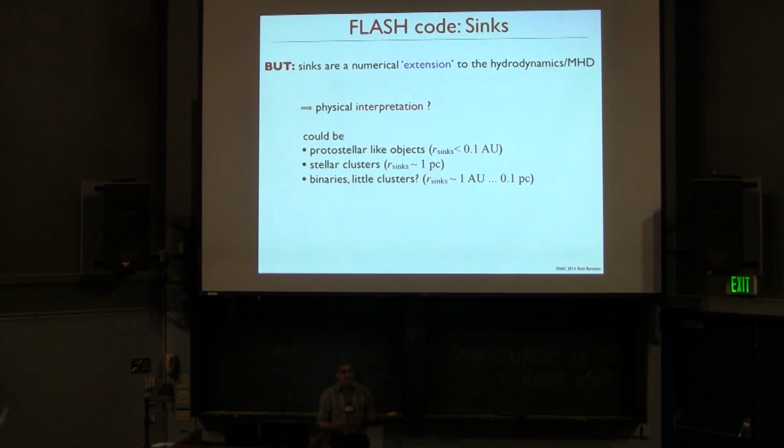So this is essentially the only thing you know: that you have a bound collapsing region, or you catch a bound collapsing region, which a certain fraction of the gas will form into stars. But that's about it.